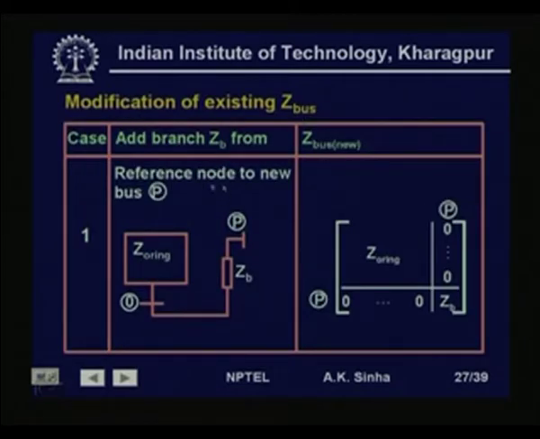So all these modifications that we have done, we have summarized here. The type 1 modification is reference node to a new bus P, that is, from the reference node we are connecting a branch with impedance ZB to new bus P, and this modification results in an n plus 1 by n plus 1 matrix, where the n plus 1th row and column are all zeros and the diagonal element is equal to ZB.